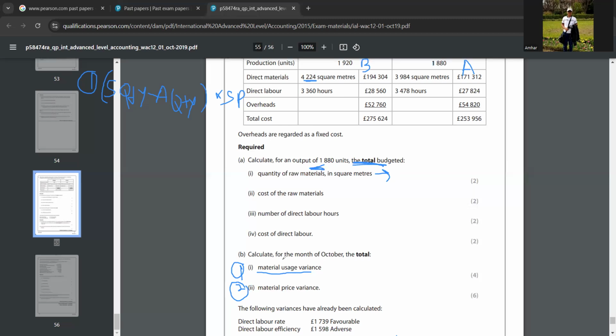So in this B part, they're saying calculate for the month of October the total material usage variance. Here we got the budgeted quantity of raw materials. That is, the answer here is 4,136. So you have to take this value as the standard quantity.